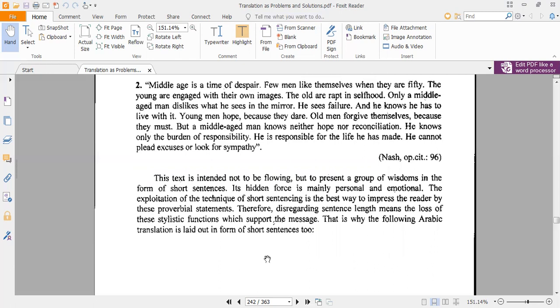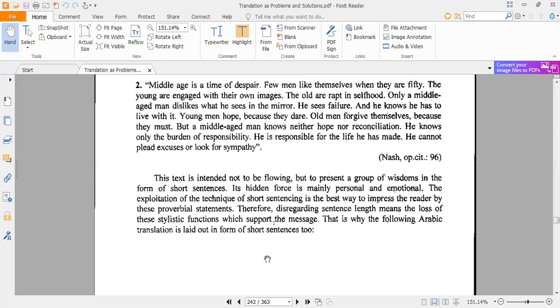Okay, so to keep the hidden force, I mean the personal and emotional forces, we should maintain the style of short sentences. But if we connect these sentences and translate them into long sentences, the stylistic value of this paragraph will be lost.